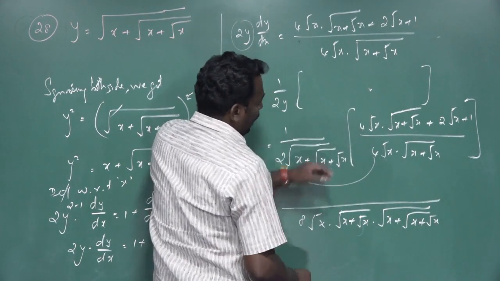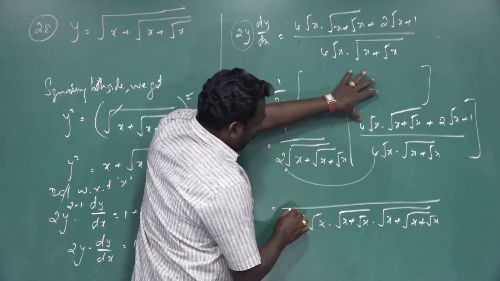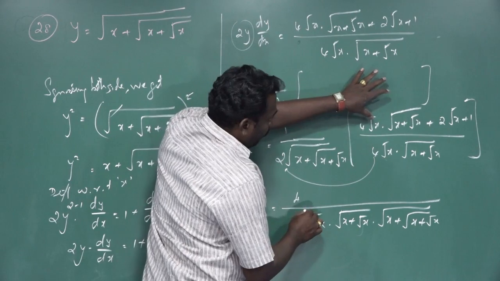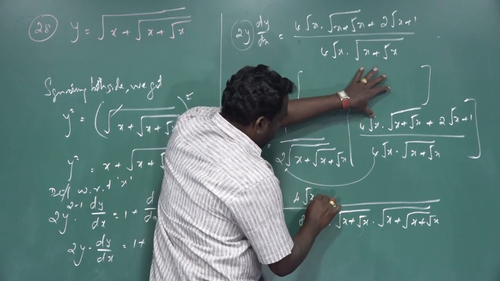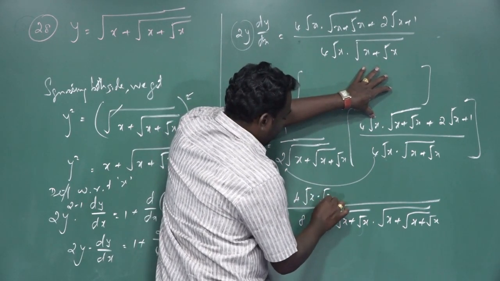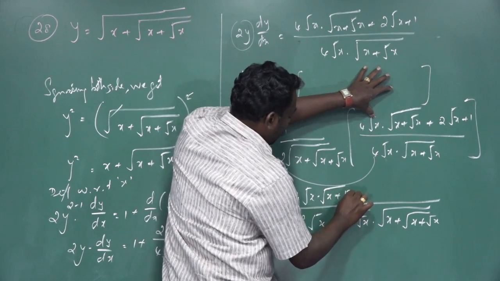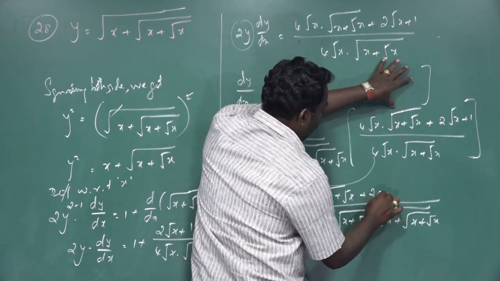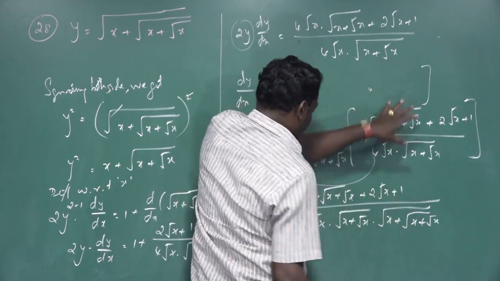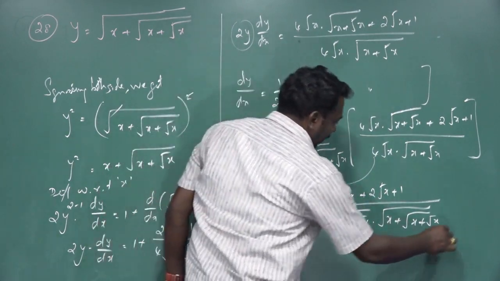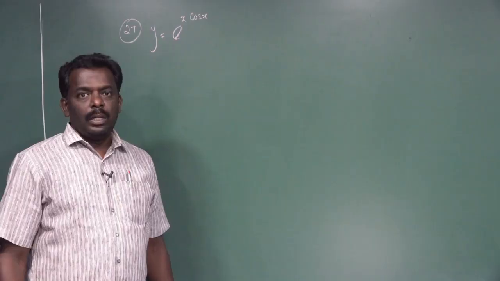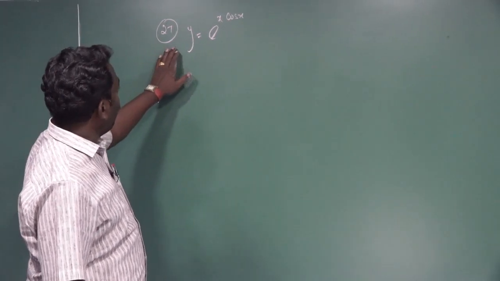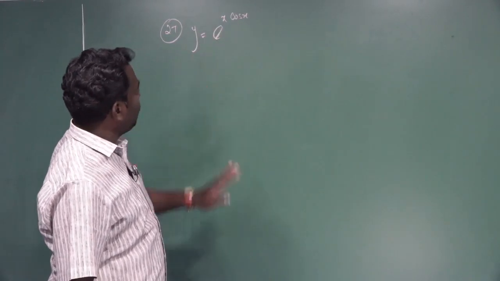Next, write the numerator: 4 into root x into root of x plus root x plus 2 into root x plus 1. This is the final simplification for the sum.